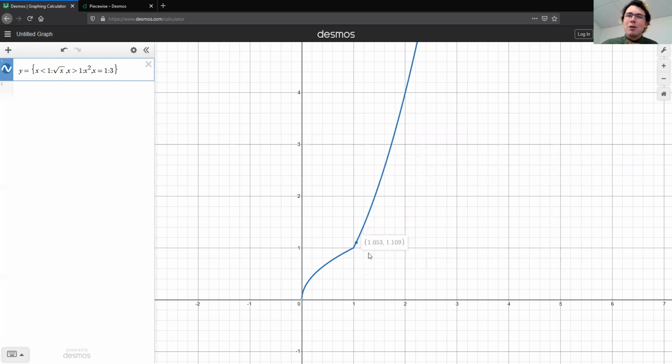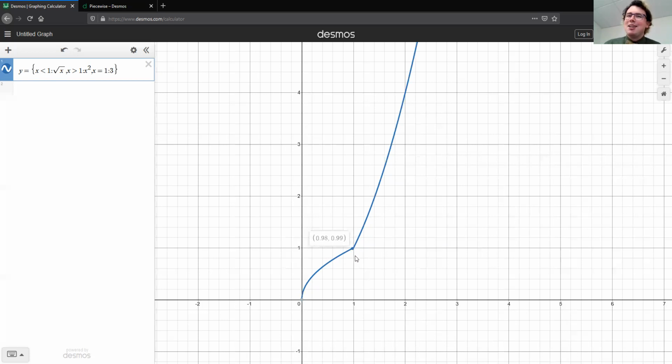My y coordinates are getting closer and closer to 1. So the limit idea would say that the limit of this function as x approaches 1 is 1. It's the same limit from both sides. It's the same destination. So that limit exists.